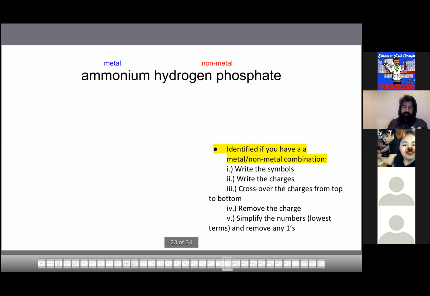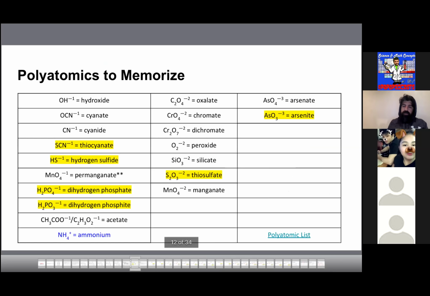A lot of times students will be looking all over the periodic table for ammonium. It's not going to be on the periodic table since it's a combination of nitrogen and hydrogen.